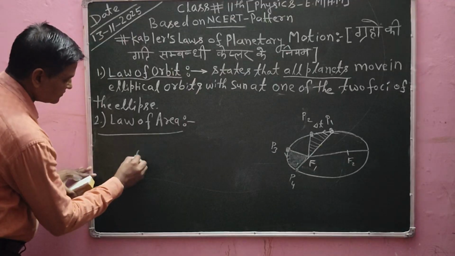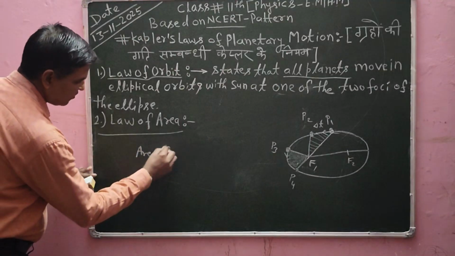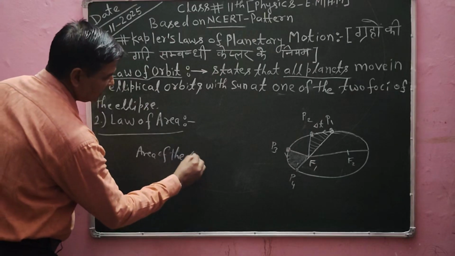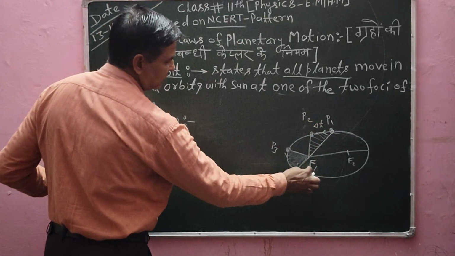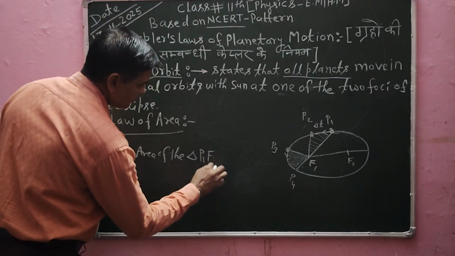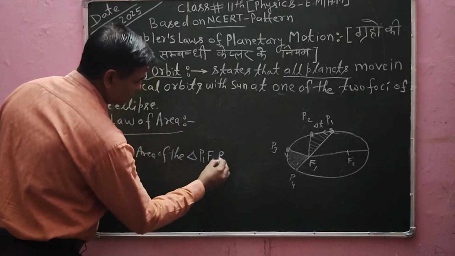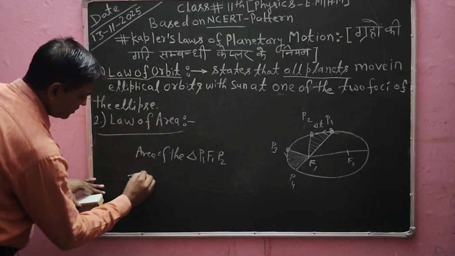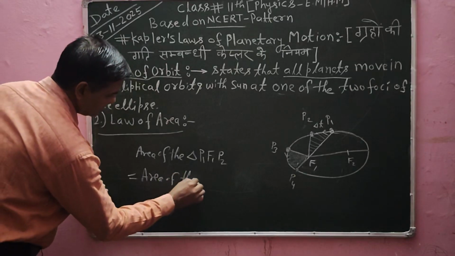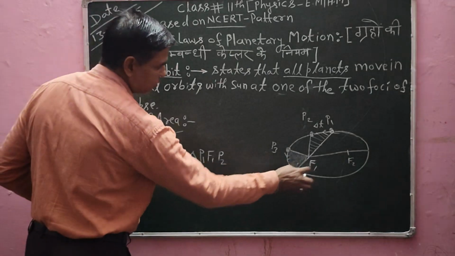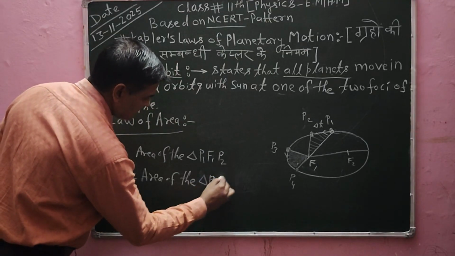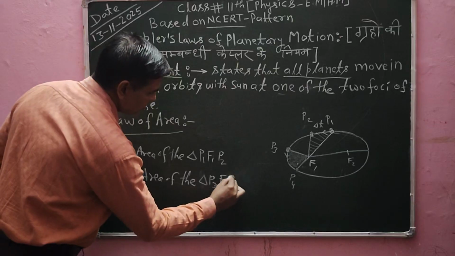So after calculating, I have got the information: area of the triangle P1 F1 P2 is equal to area of the triangle P3 F1 P4.